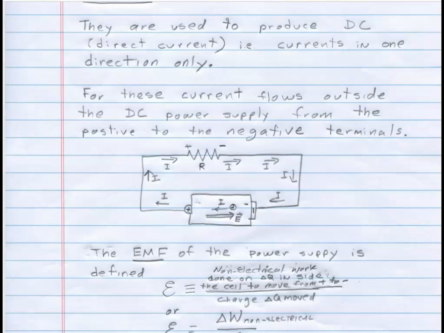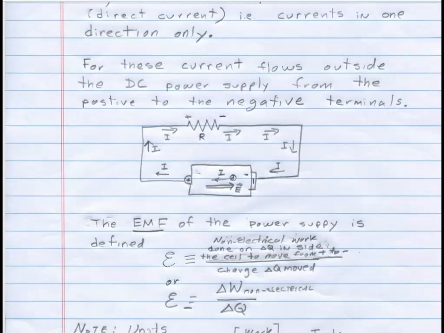And as we've mentioned several times, by our convention, positive current is positive charge that flows from the DC power supply. In this case, it's simply a battery, or what we'd typically call a battery. And as we'll see, that should probably be called a cell.